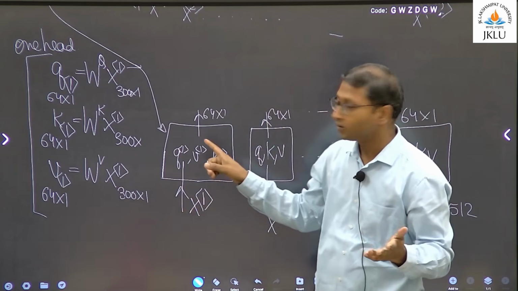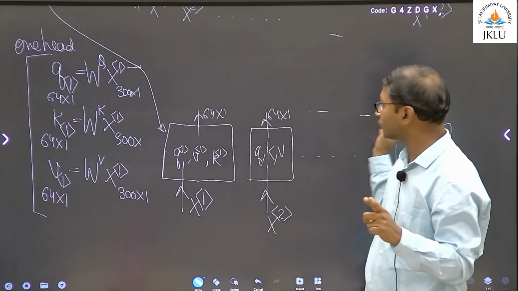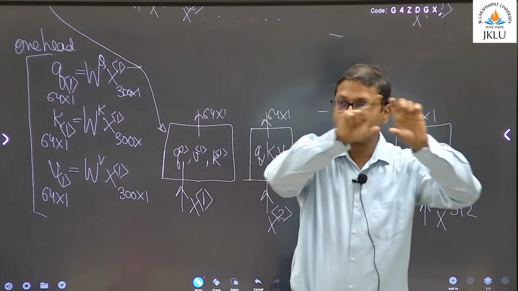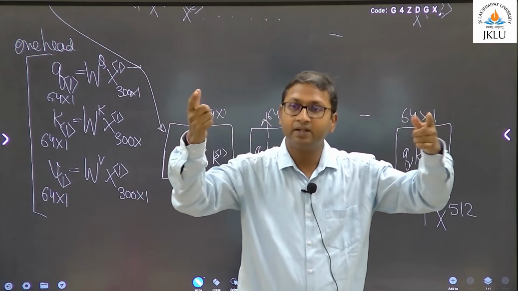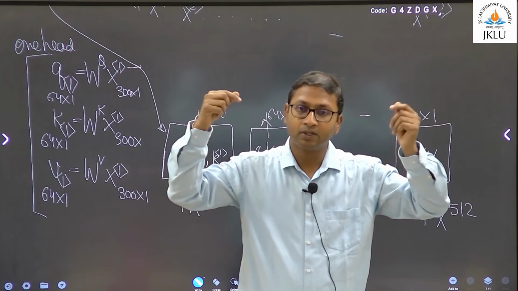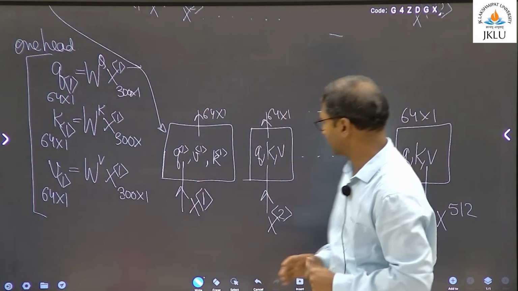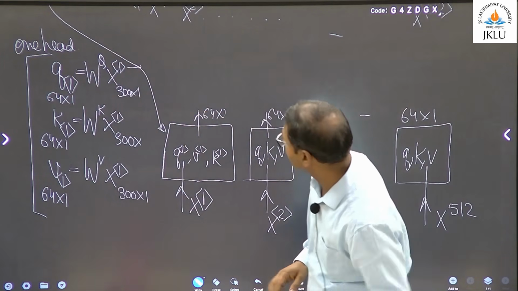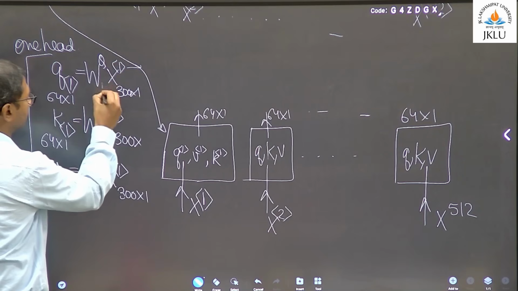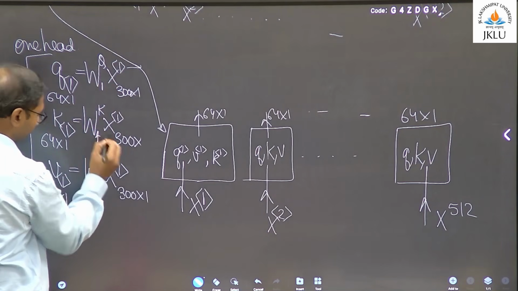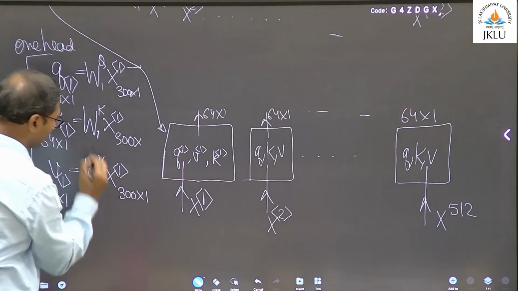Okay. So authors say this particular 64 cross 1 will take care of one such relationship. You have another attention head that might take care of relationship between other words. So you have 8 such things. So one head, now let me call W1, W1, W1 here.